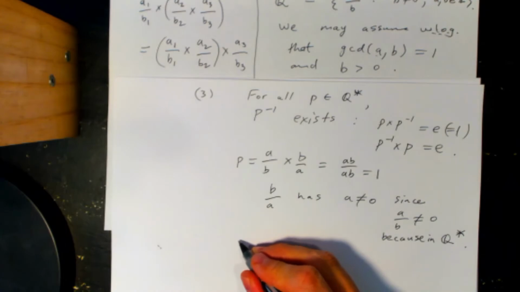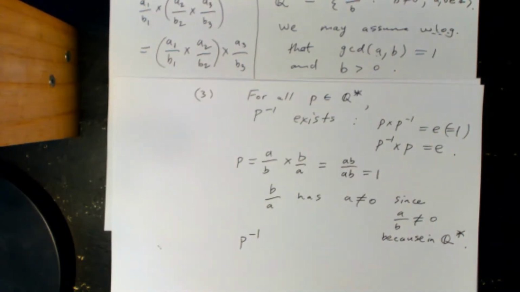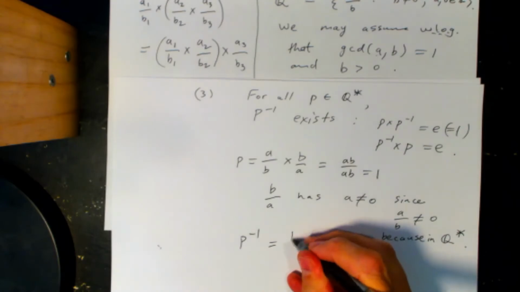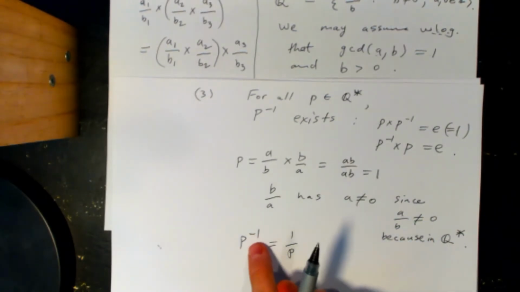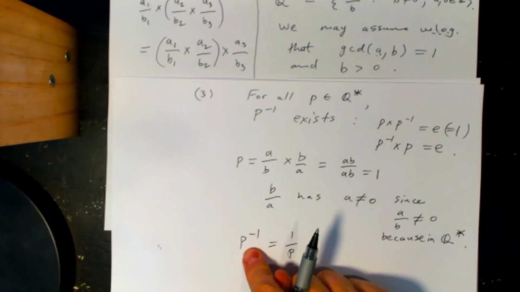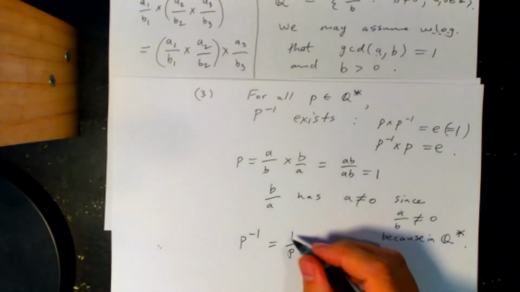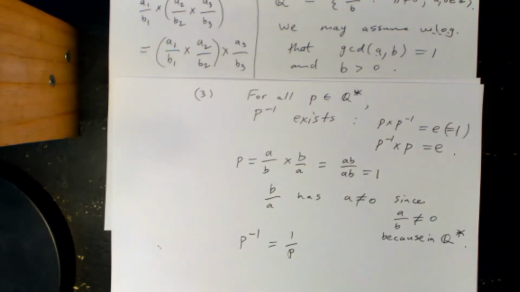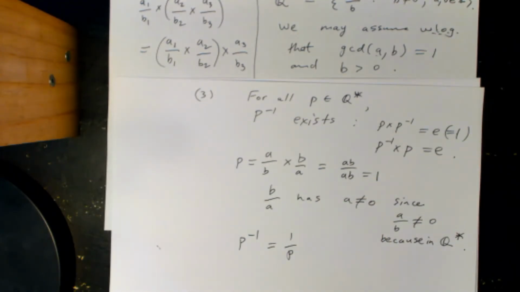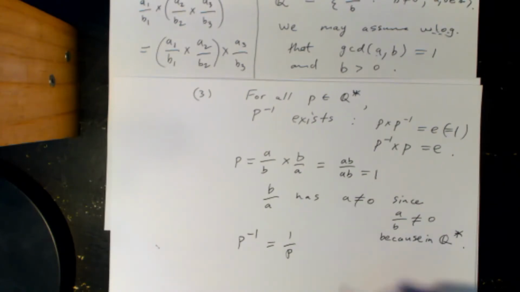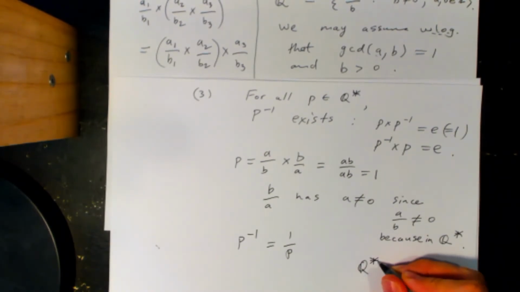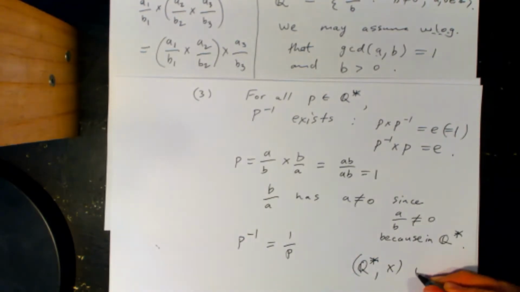Okay, so the inverse of P, now this is actually equal to 1 over P, right? So this notation here is abstract, but it coincides with what you know as P to the minus 1 in this case. This is just 1 over P, which is B over A. All right, and we know that this product always gives 1, and it does so the other way around as well. Okay, so Q asterisk together with multiplication is an abelian group.